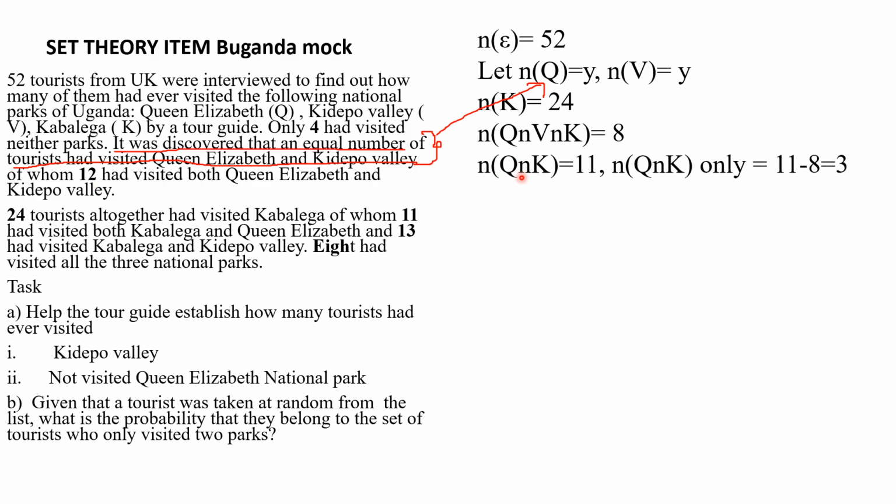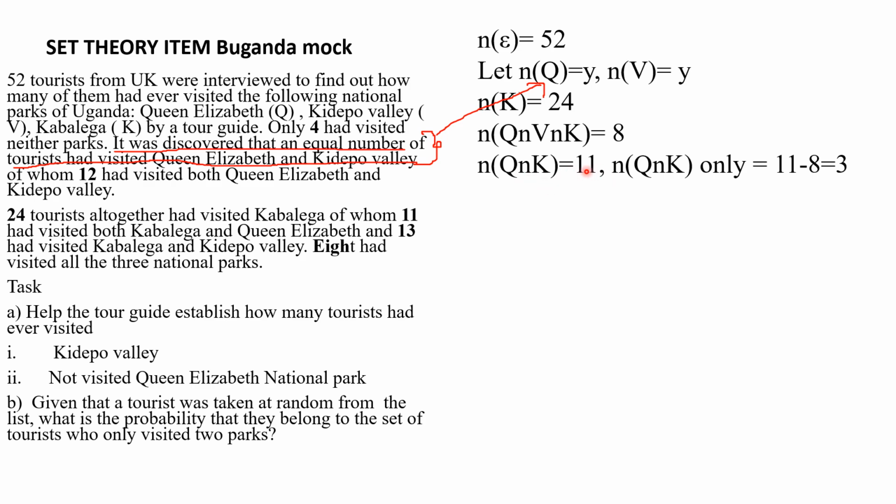Then the number of those who had visited Queen Elizabeth and Kabalega is 11. And for the number of those who had visited Kabalega and Kidepo only, you have to take away this 8. For all students, sometimes the mistake comes from here.